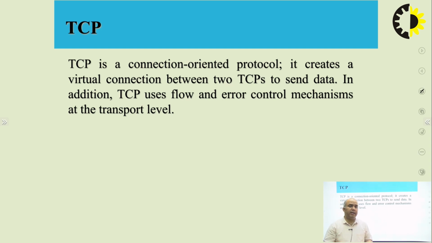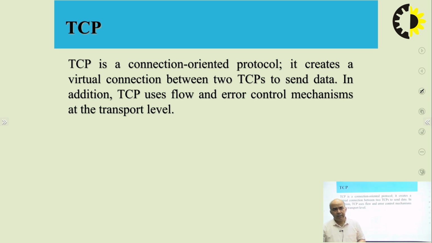In TCP, a three-way handshake has to be done. First, a request is sent from the sender to the receiver, and the receiver sends an acknowledgement: yes, the receiver is ready to accept the data. Once the sender receives that acknowledgement, it sends a message to the receiver: yes, now we can start sending the data.